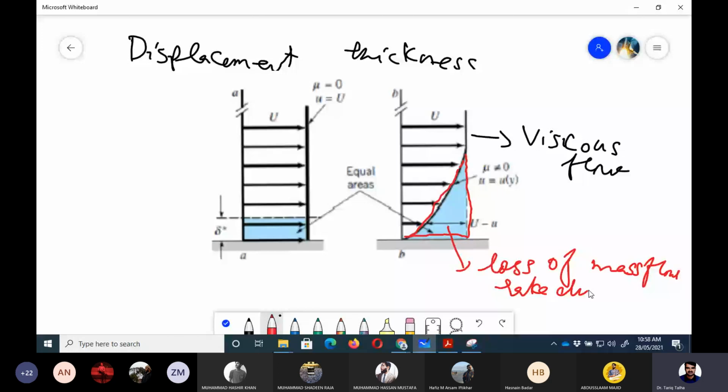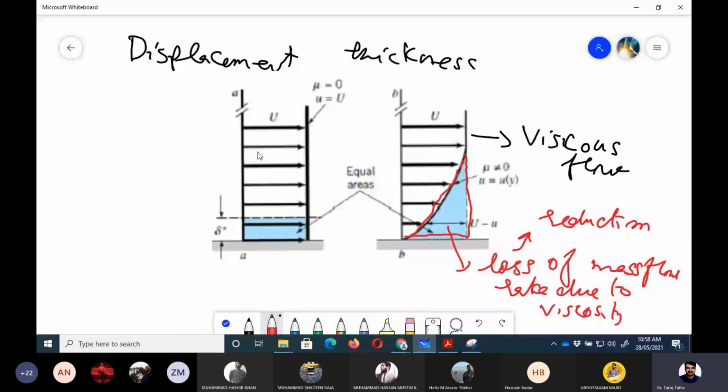Or we can also say reduction or decrease in mass flow rate or the velocity. Because if the velocity would have been uniform in this region all along, then it would have the same value as the free stream value.